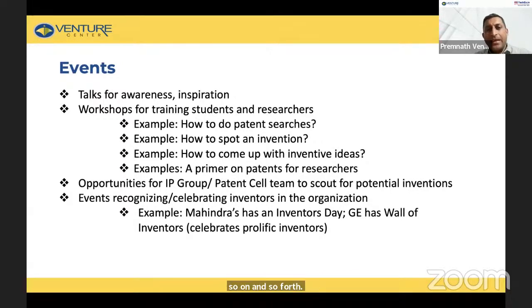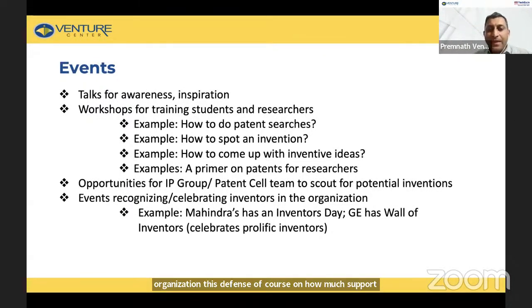Besides that, there need to be opportunities for the IP group or the patent cells to scout for potential inventions. And this, my colleagues in the IP group and patent cell did very well by actually scouting, say, in the internal science day poster sessions, as an example. Besides that, there can also be some events which are recognizing or celebrating inventors in the organization. This depends, of course, on how much support the leadership provides.